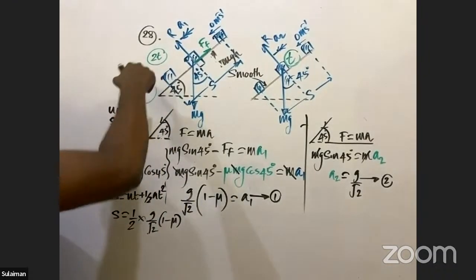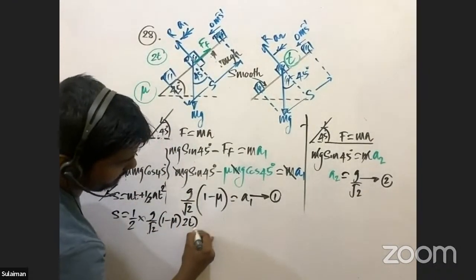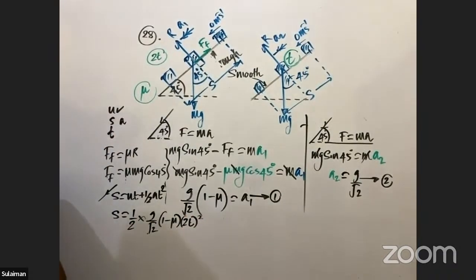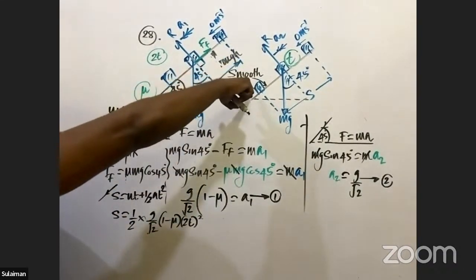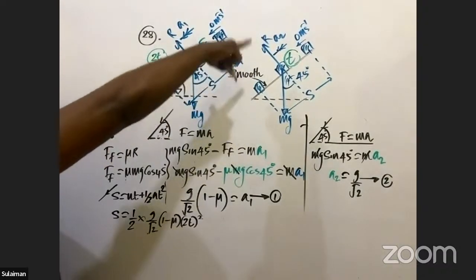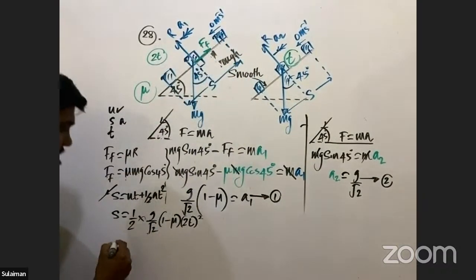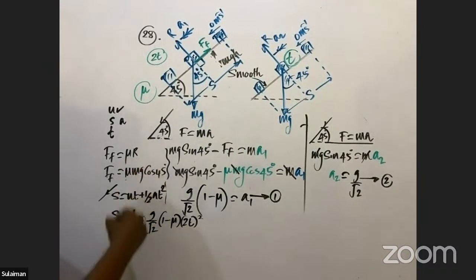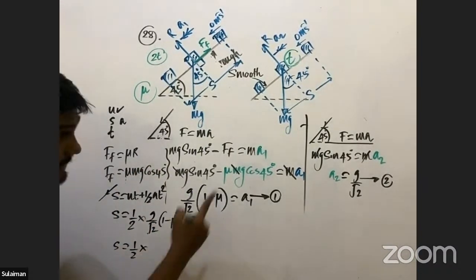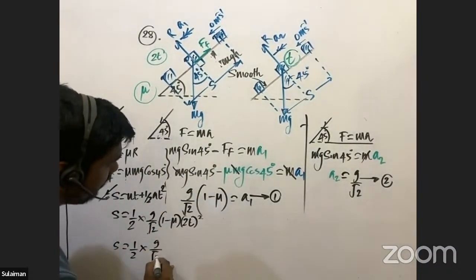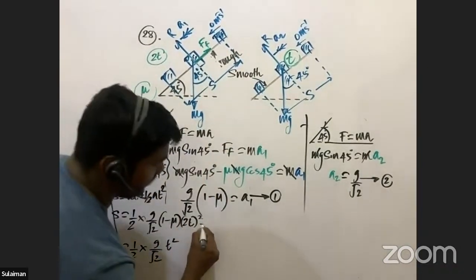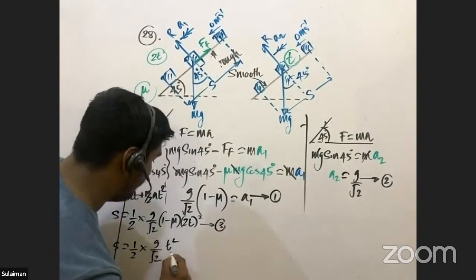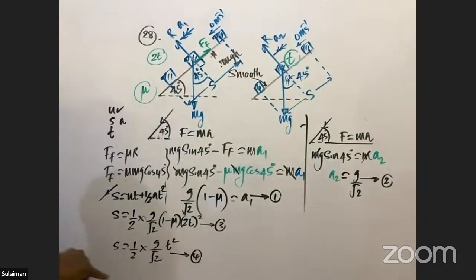Time is 2t, whole squared. For the other one, S equals ut plus half at squared, u is again 0, half acceleration is g over root 2, and time is t squared. If I divide these two equations, problem solved. You can divide it, or equate it as well. It's up to you.